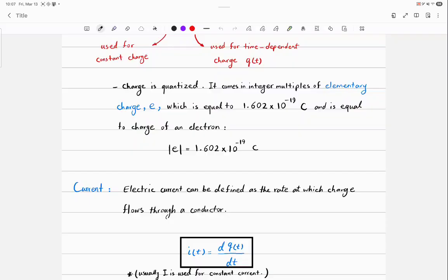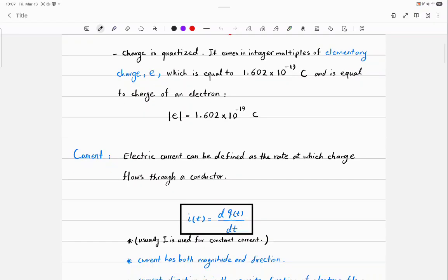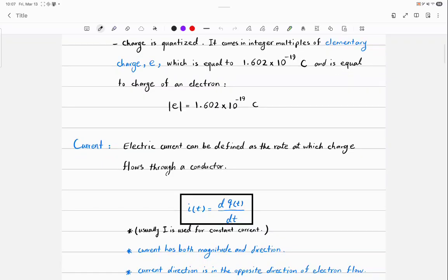How do we define current? Current is the rate of change of electric charge. Well, in other words, the more textbook definition is the rate at which charge flows through a conductor, okay? So because we're talking about rate, it's obvious that we're going to have a derivative of Q, or derivative of charge, as a definition for current.